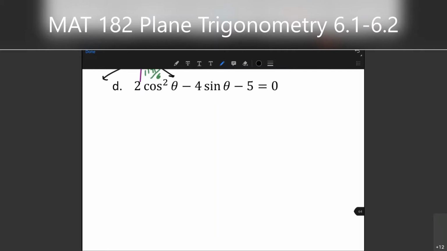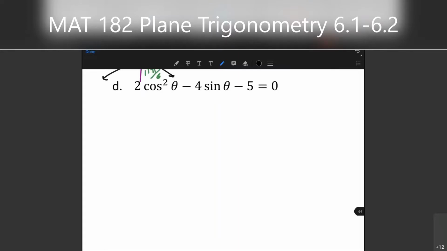So if we wanted to consider this equation, we have 2 cosine squared theta minus 4 sine theta minus 5 equals 0. So another kind of quadratic form. And again, cosine squared theta, we can put in terms of sine.